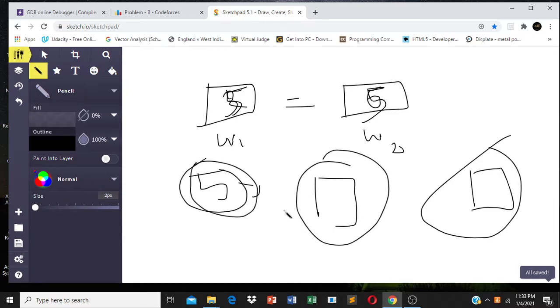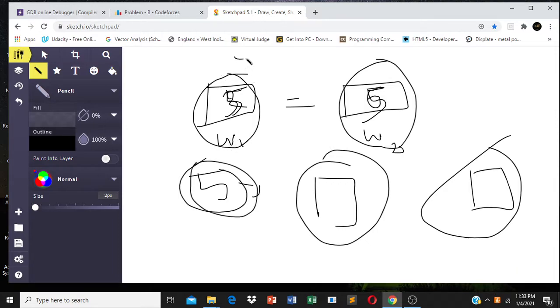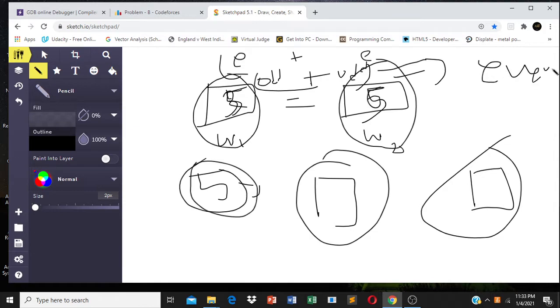And to prove that, we can also say that two values can be equal if both of them are even or both of them are odd, right? If both are even or both are odd, then they can be divided into two similar weights. Now when you sum those two even or two odd values, you always get an even value, right?